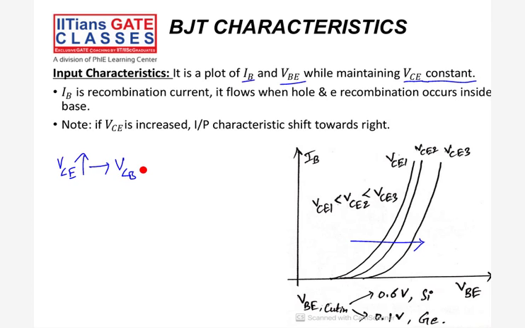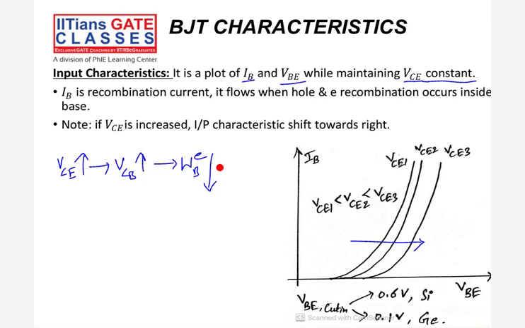VCB will get increased because the base voltage is constant, so the difference will increase. If it is increased, then the effective base width, WB effective, will get decreased.